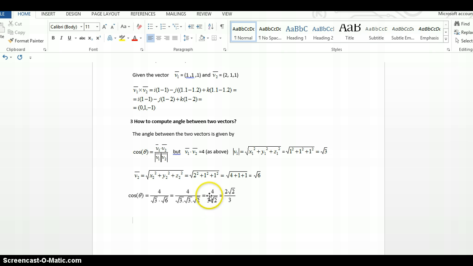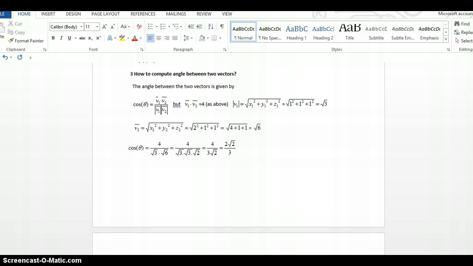Root 3 times root 3 is 3, so it becomes 4 divided by 3 root 2. If you rationalize this, we multiply the top and bottom by root 2. Root 2 times root 2 is 2, and 4 divided by 2 gives 2. So that's that. The angle between the two vectors v1 and v2 becomes 2 root 2 divided by 3.